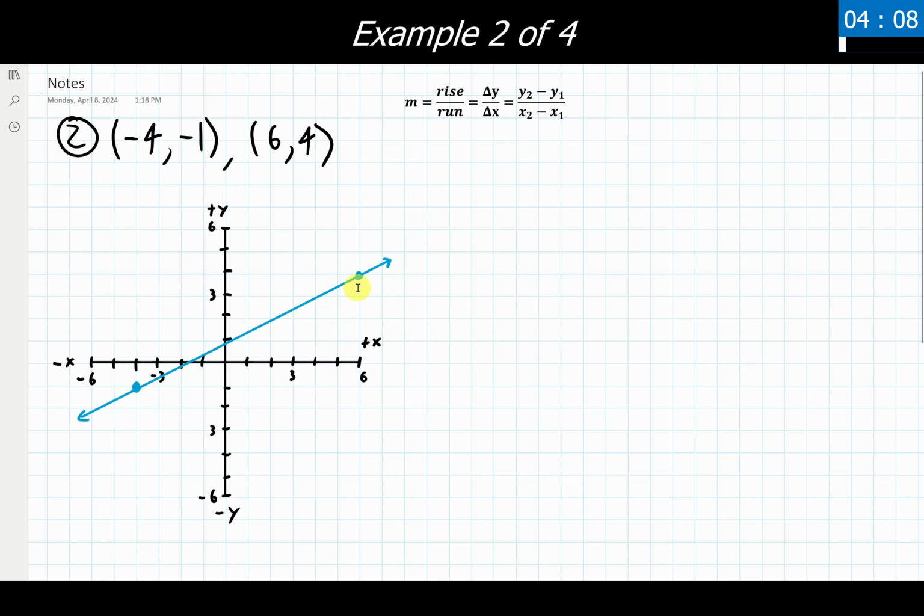I'm going to reverse that for this problem, just to show you that you can do that, and which one you pick really doesn't matter as your starting and your ending point. Very much like which of these is labeled as x1, y1, and x2, y2 doesn't really matter. So in this case, I'm going to start at my point up here, and I'm going to end at my point down here. And like we did previously, I'm going to determine the rise and the run.